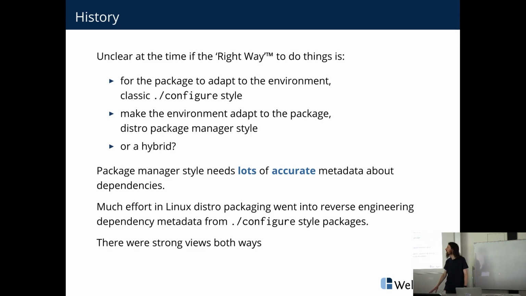Yeah, it was at the beginning. It was quite unclear what the right way to do certain things was. In particular, there was rather a debate, and sometimes rather heated debate, about should the package adapt to the environment in which it is run. The classic thing is that if you were trying to install something on a Sun microsystem, you can't go and change the base system.